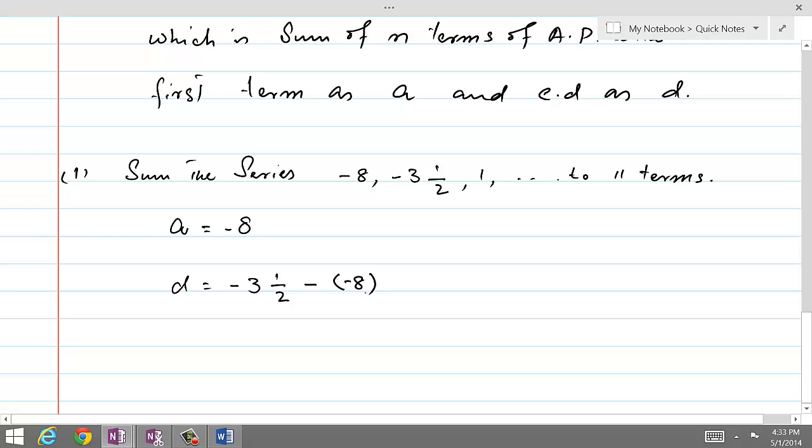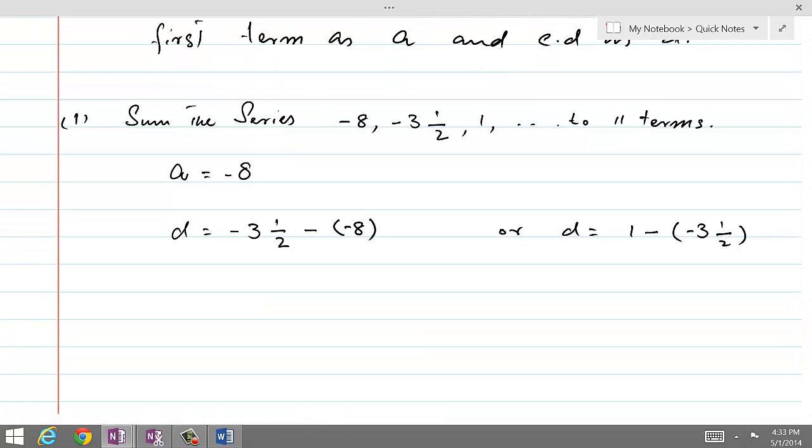Either you can get d this way, or you can also subtract the second term from the third term, or d is equal to 1 minus -3 whole 1 by 2. Both ways d must be the same, and we will do this just for verification purposes. Otherwise you can only do it for term 1 and term 2.